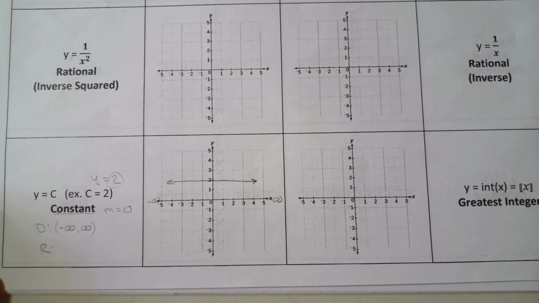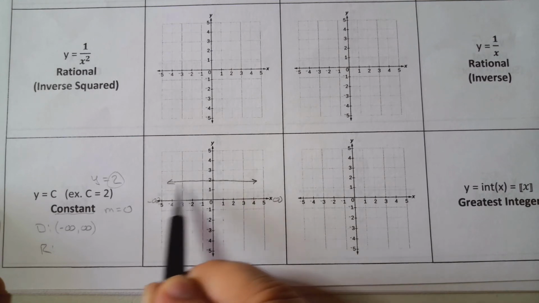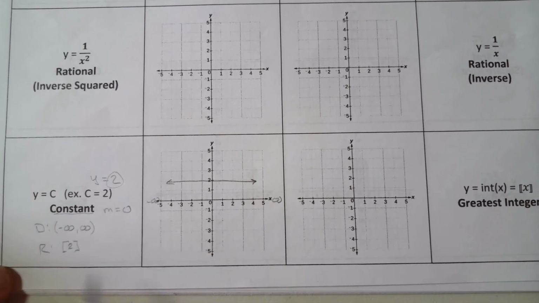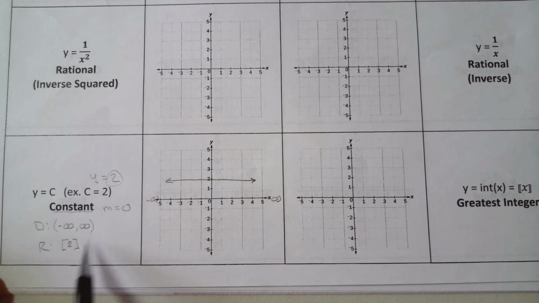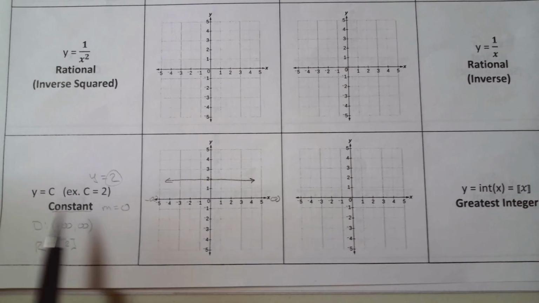The range is how far it goes up and down. Here's the y-axis. So it only goes through 2. So the range is that value there. And later on we're going to discuss whether it's brackets or parentheses. All right, so that's a constant function. It's a horizontal line.